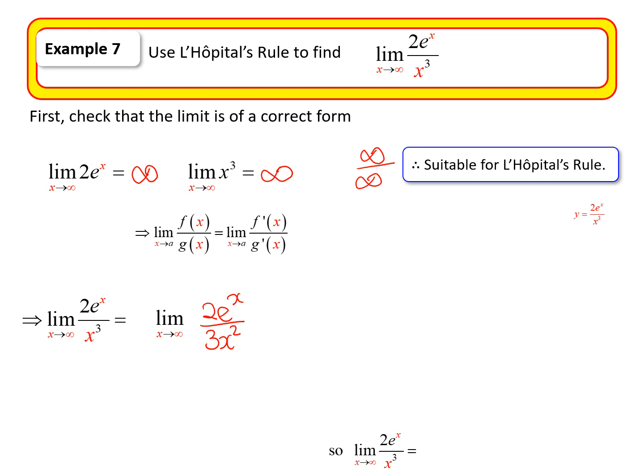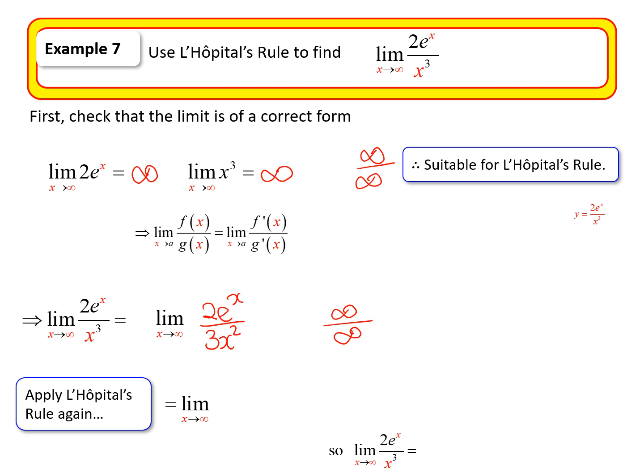That's not telling us much if you put infinity in there, is it? Because we get infinity over infinity again. So now that's of the form infinity over infinity, so we need to use L'Hopital again.